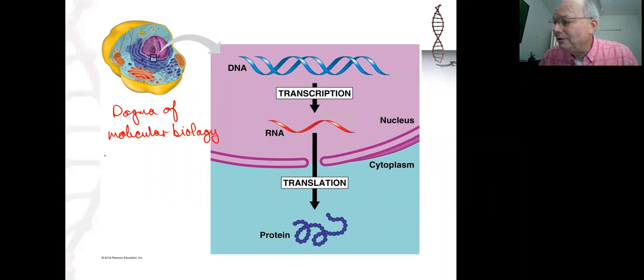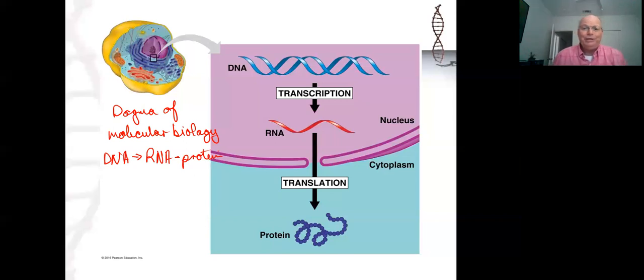And he basically said that the flow of information is DNA to RNA to protein. And in bacteria, it really is as simple as that. DNA to RNA to protein.